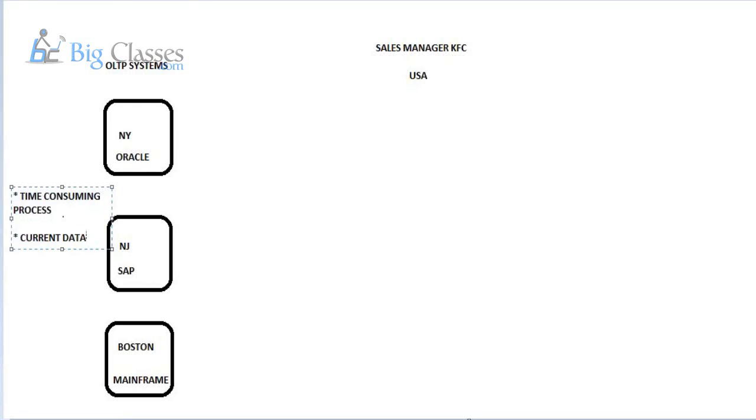Let us say if you go to any ATM machine and see the mini statement of your account, it shows you only the last 5 to 10 transactions. So you will not be able to get the last week's, last month's, or last year's transactions, because it contains only the current data.